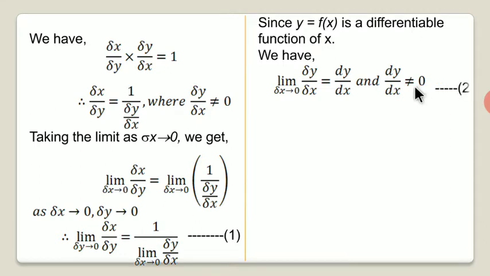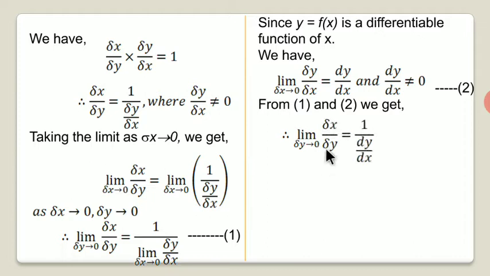We call this relation number 2. Now if we put relation number 2 in relation 1, in the denominator we get dy by dx. So from 1 and 2 we get limit delta y tends to 0, delta x upon delta y is equal to 1 upon dy by dx. We call this relation number 3.